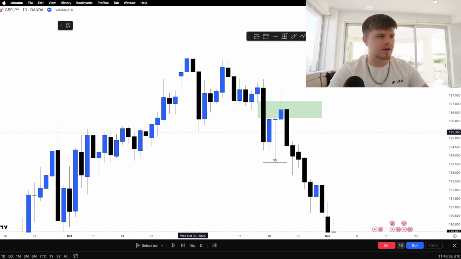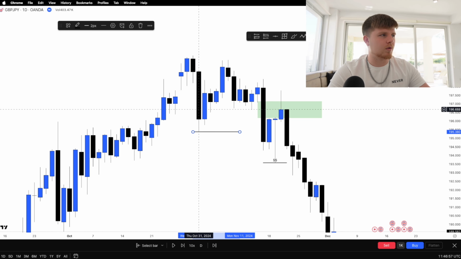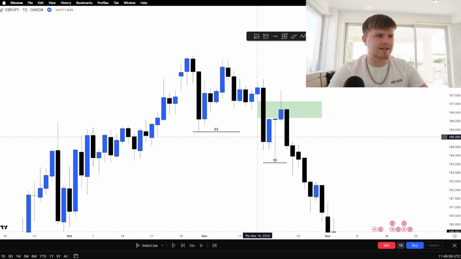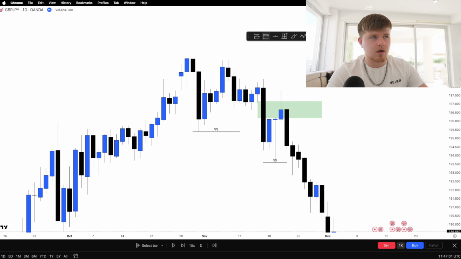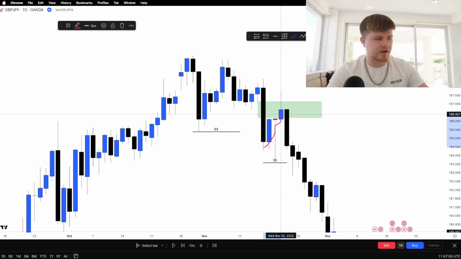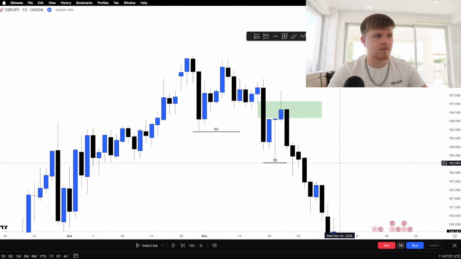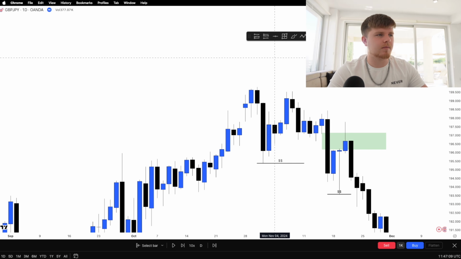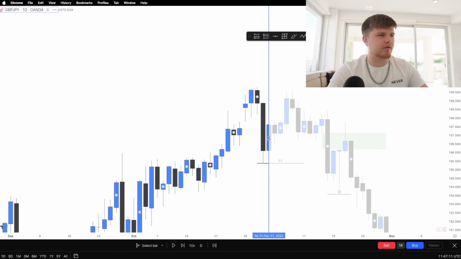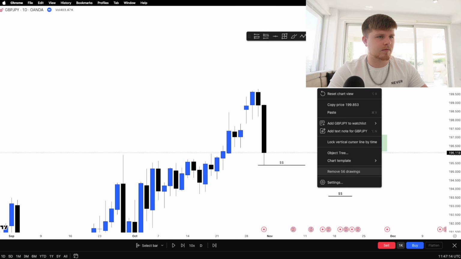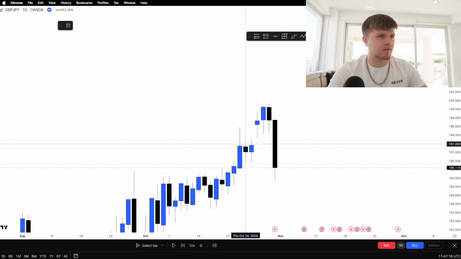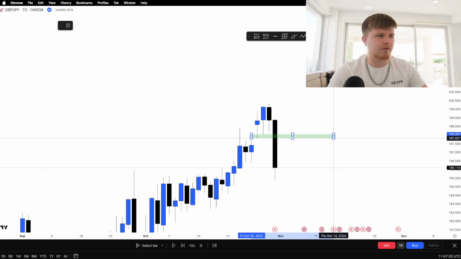So just focus on this specific example. So we take the low, on our way to take the low, we form a fair value gap. We take the low, we retrace to the fair value gap, respect it, so we continue the trend, okay? We continue the trend. In this example, if we look over here, you can see this is a little bit messy, but there is a fair value gap right here.